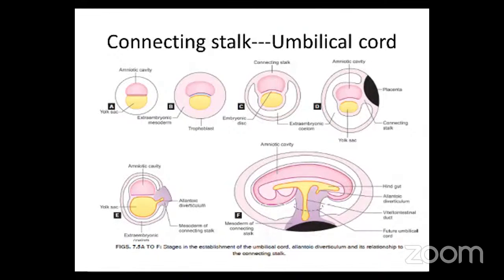So this model also we have seen how umbilical cord is formed. The last figure you can see that large one. In that you can see allantoic diverticulum, small bulge, and large one is the vitellointestinal duct or omphaloenteric duct, and small part which is pinched off from the gut tube is definitive yolk sac.